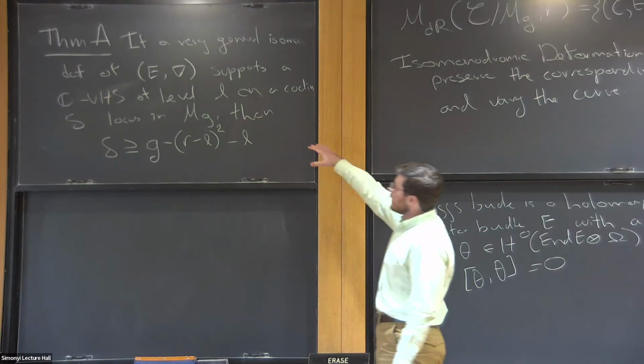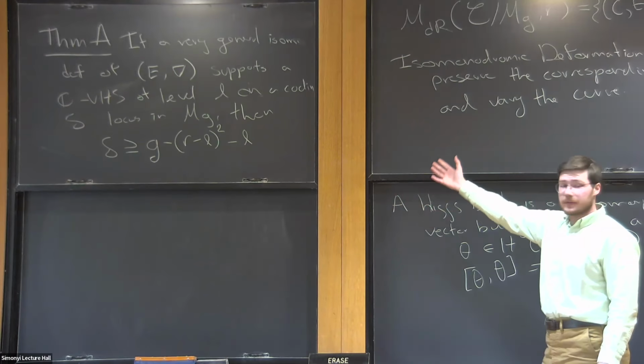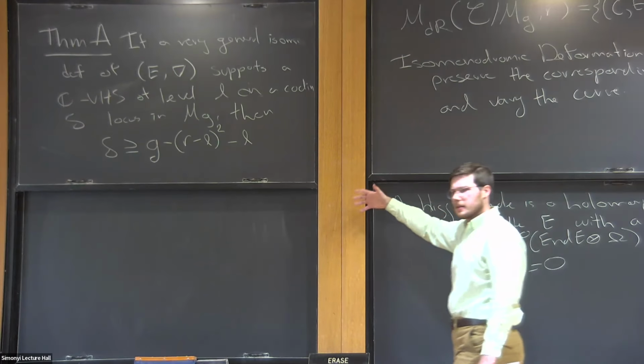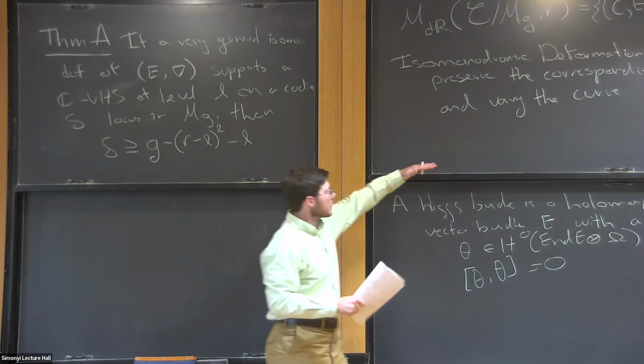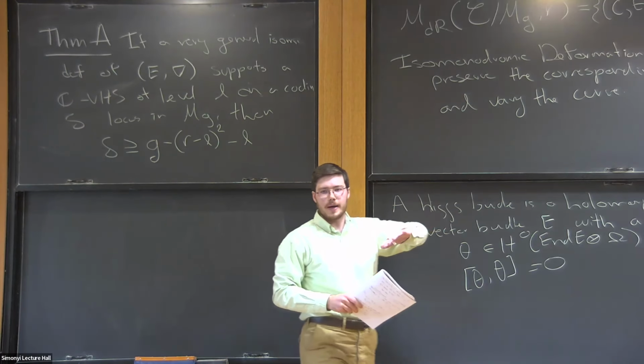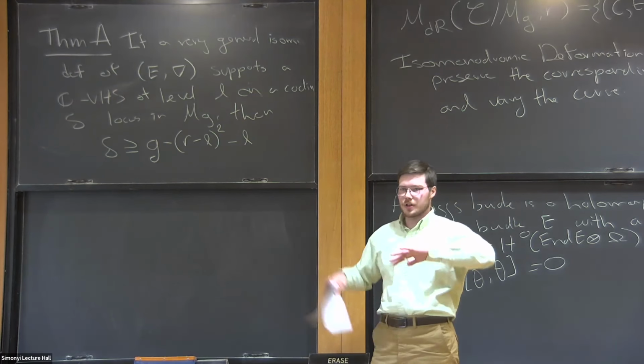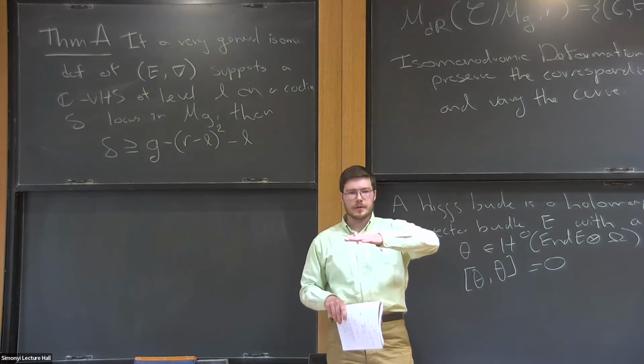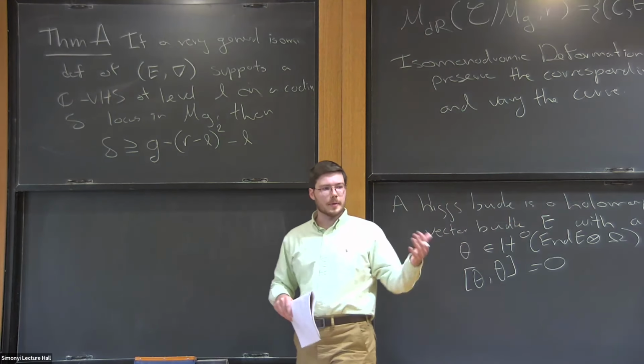And now this is a statement about complex variations of Hodge structure, applies to a larger class. But in particular, because of what I said about that sort of flatness of these non-abelian Hodge loci, if you actually have a Z variation of Hodge structure, that's really telling you about the codimension of a component of the non-abelian Hodge locus.